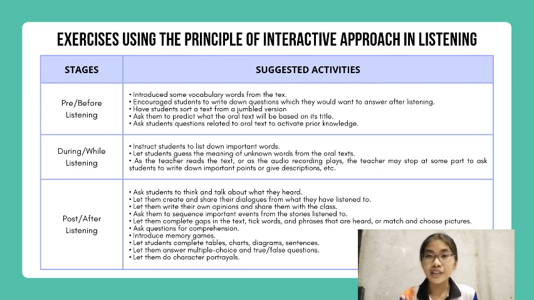And last activity in post-listening is let the students do character portrayal. So if the students can successfully portray a character, it means that they really listened to what they have listened to.